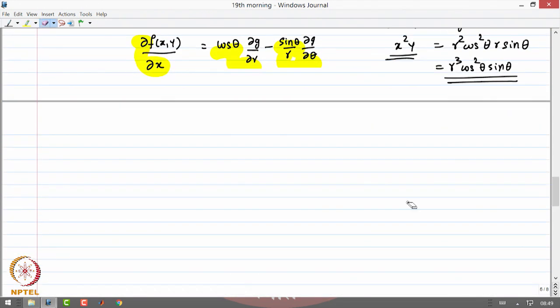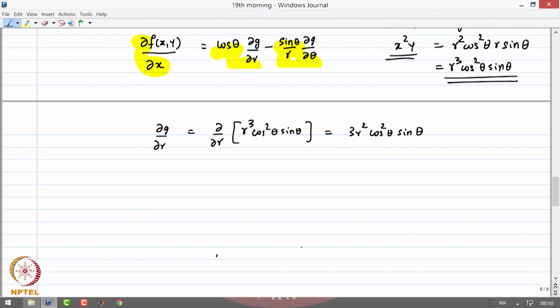So let us take the derivative ∂g/∂r, which is ∂/∂r of r³ cos²θ sin θ, and that is 3r² cos²θ sin θ. And ∂g/∂θ is ∂/∂θ of r³ cos²θ sin θ.